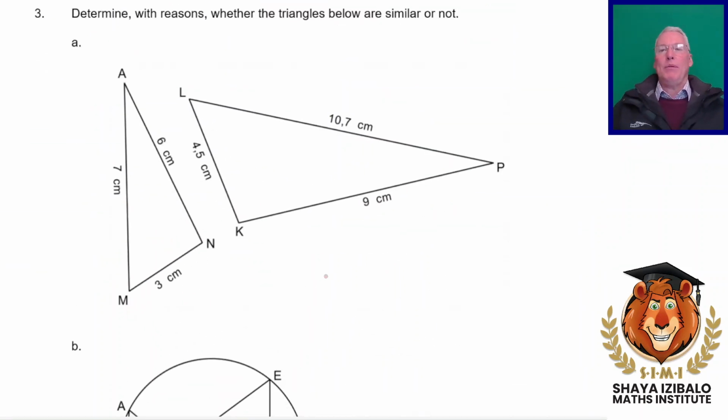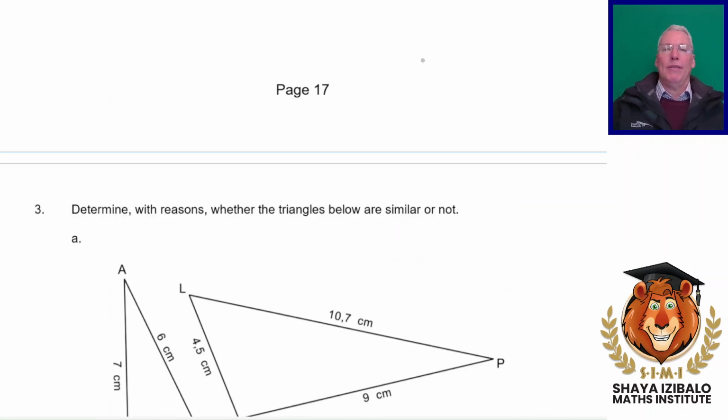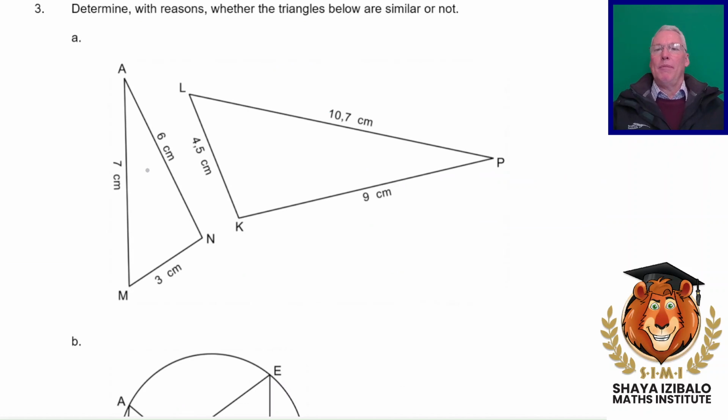This one says, let's see whether these are parallel. So again, we're going to do exactly as we did last time. We're going to take the biggest side, 10,7, divided by the biggest side here. 10,7 divided by 7. Okay, we're going to work that out. Then we're going to take the middle sized side, right, which is 9 divided by 6.